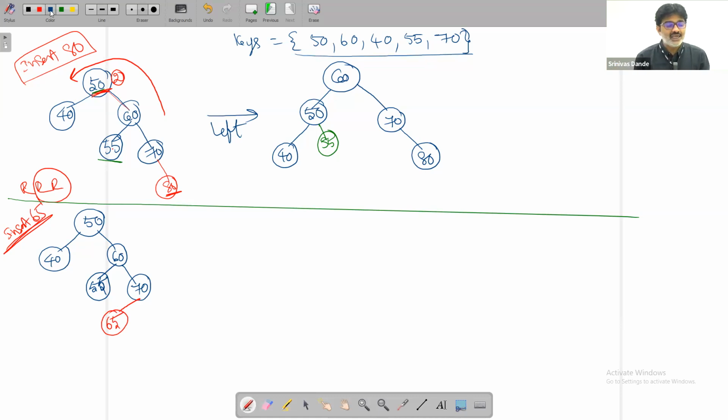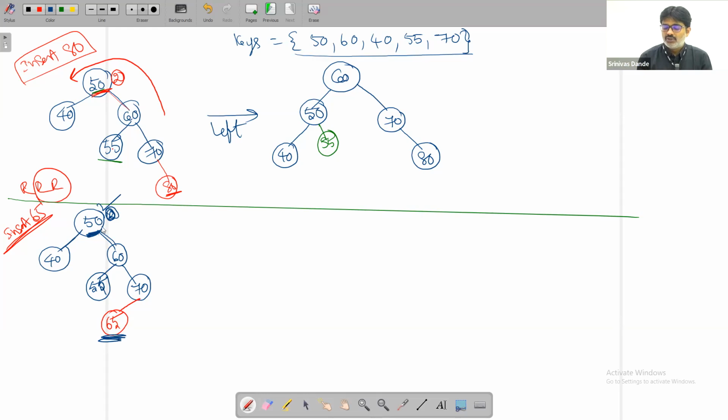Which is causing the imbalance? 65 is causing it. Which node is becoming unbalanced? I think 50 is becoming unbalanced, because 1, 1, 2, 3, the balance factor becomes 2 for this.